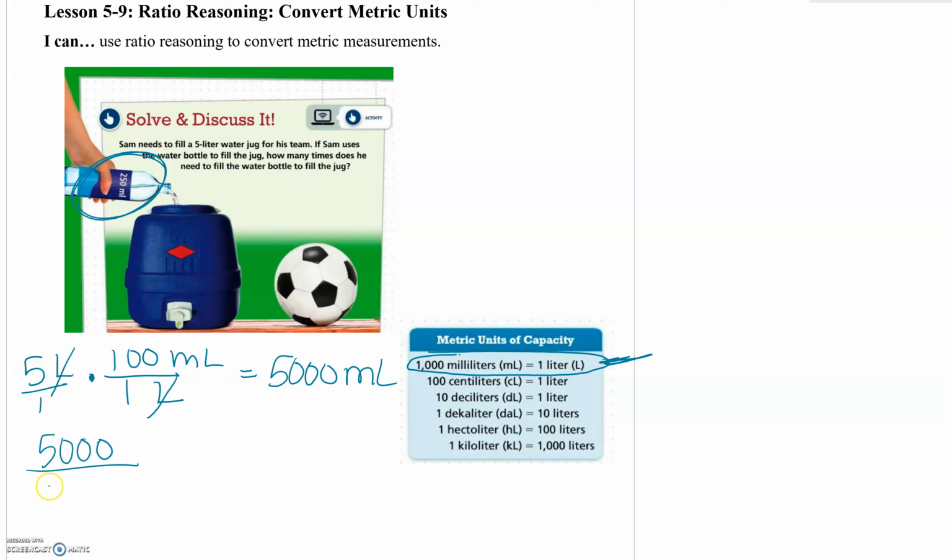I can just take my 5,000 milliliters and divide it by my 250 milliliters to get 20. And that's going to be water bottles, because Sam is filling up the liter jug there.